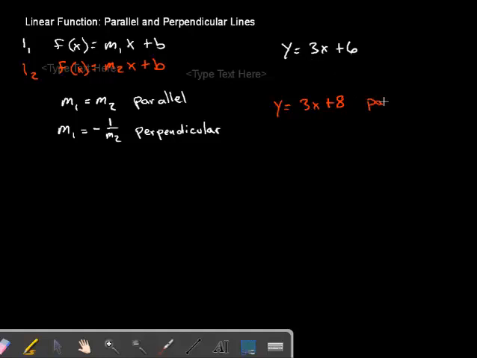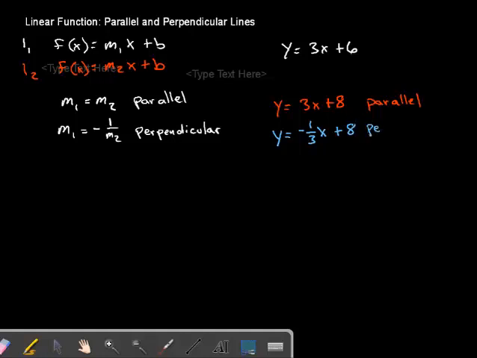And then if you wanted to do a perpendicular line with the same equation, y equals 3x plus 6, then again, remember, the slope has to be the negative reciprocal. So our equation would equal y equals negative 1 over 3x plus, you could say, 8.